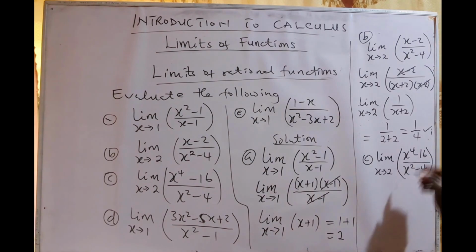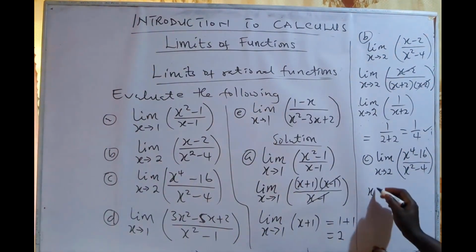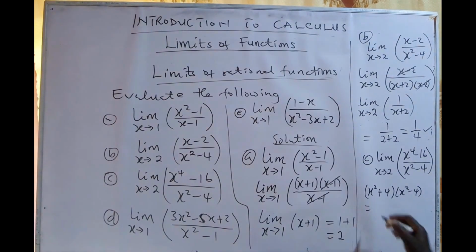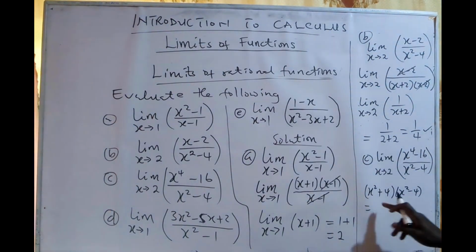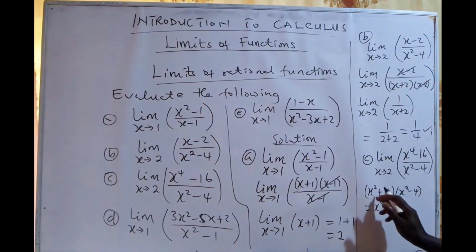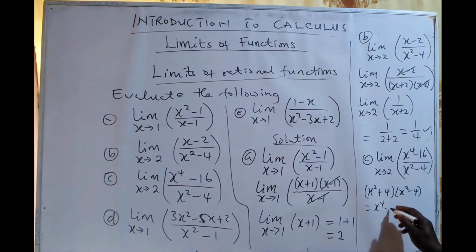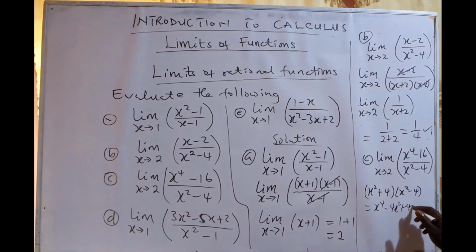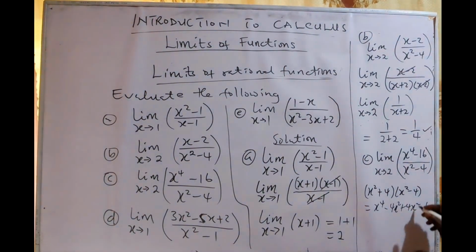So what I'm saying is that s exponent 4 minus 16 can give us (s squared plus 4)(s squared minus 4). So that when we expand, s squared times s squared will give me s exponent 4. S squared times minus 4 gives me minus 4s squared. 4 times s squared is plus 4s squared. And then 4 times minus 4 gives minus 16. So this will cancel, and you see I'm getting my answer. Alright.